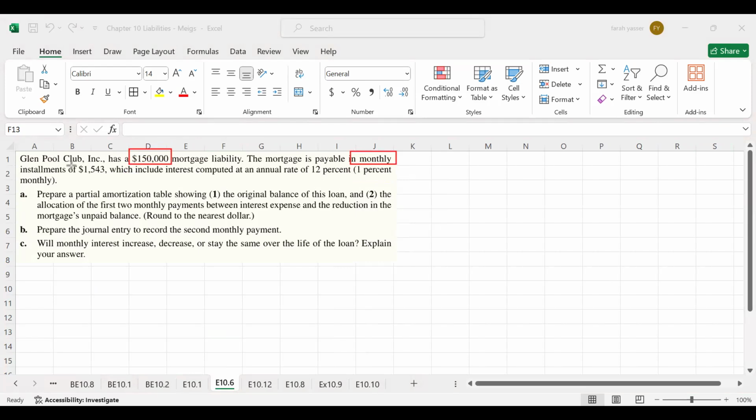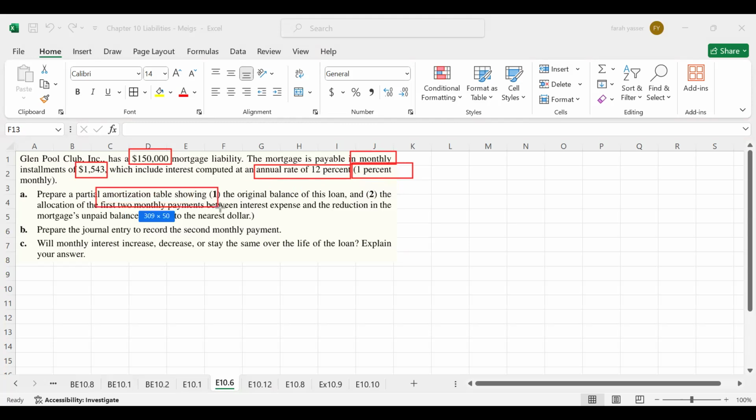The monthly installment is 1543 and the annual interest rate is 12%. We are preparing the loan amortization schedule monthly, so this 12% would be divided by 12 months, and we will get 1% per month.